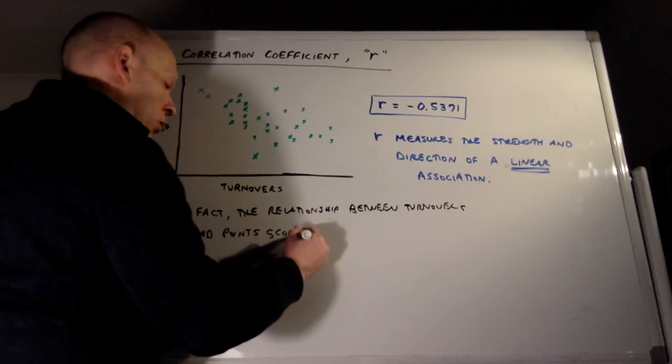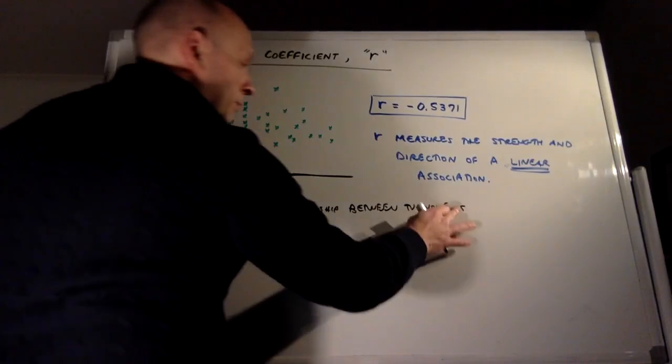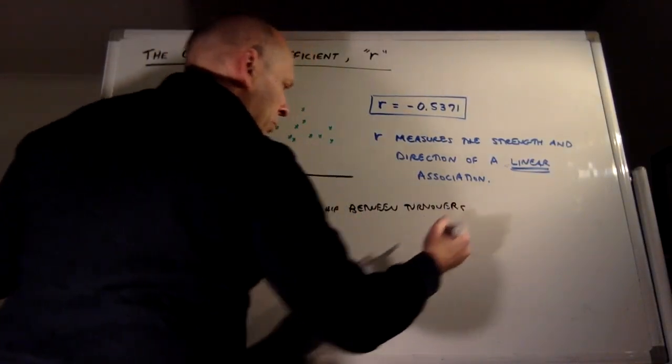By the way, we're going to do a little bit more study into this to see if a linear association really is appropriate, so we'll dive in a little deeper in this chapter.